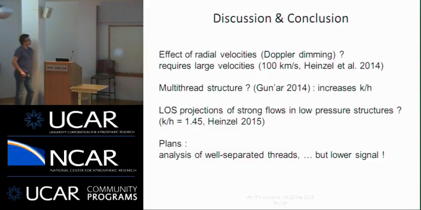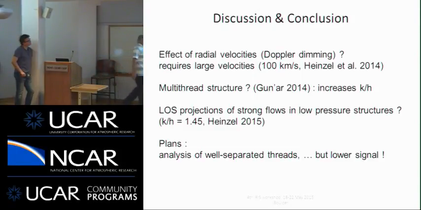The multi-thread structure that was mentioned by Petre goes in the right way, and increases K to H. And now we are thinking about line-of-sight projections of strong flows in low-pressure structures, which preliminary computations show that we can reach a value of 1.45. What about the plans?